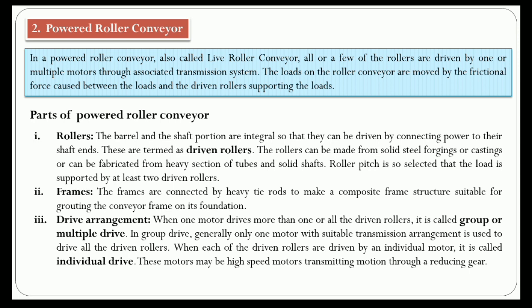As I have already told earlier, in some roller conveyors all the driven rollers move, and this is known as group or multiple drive. In group drive, generally one motor with a suitable transmission arrangement is used to drive all the driven rollers. For a long conveyor, from other considerations, more than one motor may be used.